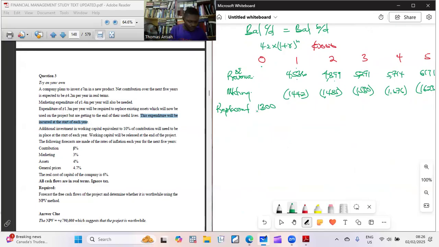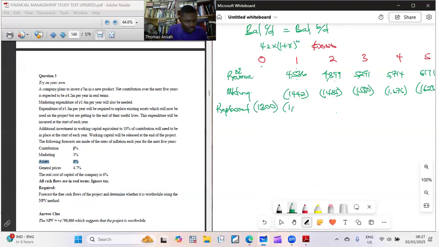Then 1,003 is supposed to be inflated by 4%. So I have here 4%, sorry. I have here, so that is it.